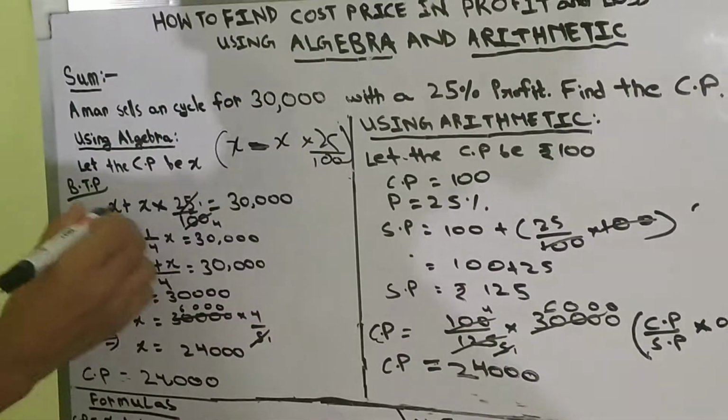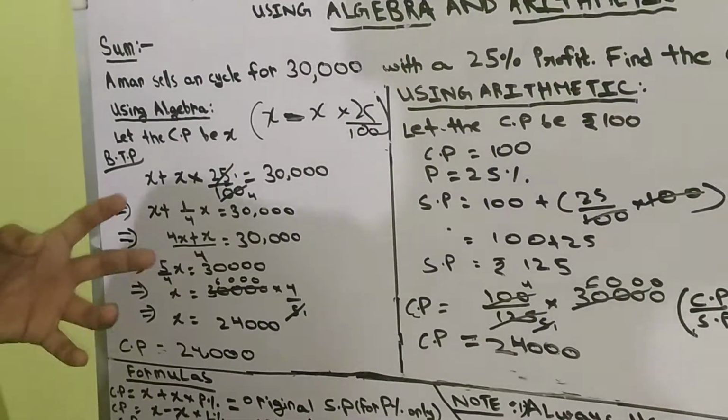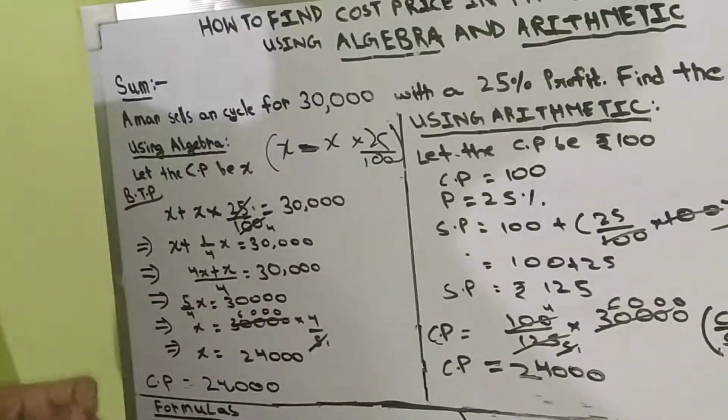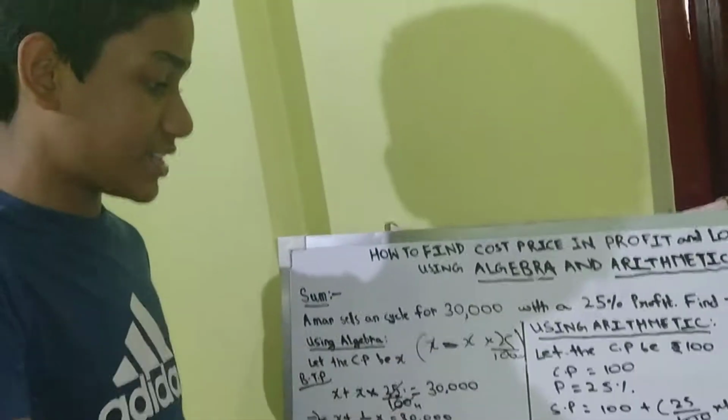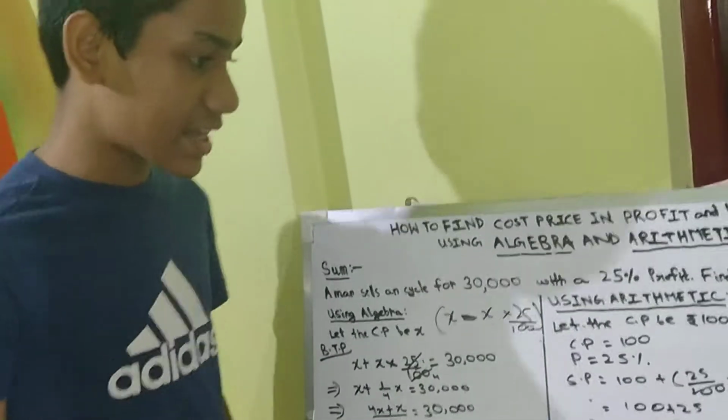Just the vice versa: the plus sign would change. We use the formula to find selling price using loss, and then input the original selling price at the end.